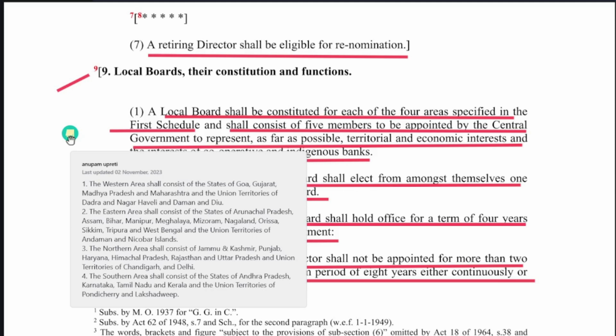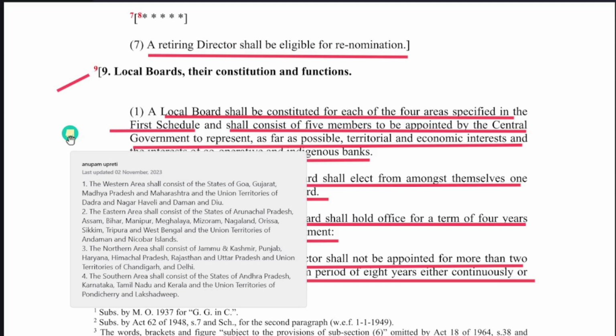The eastern area shall consist of the states of Arunachal Pradesh, Assam, Bihar, Manipur, Meghalaya, Mizoram, Nagaland, Orissa, Sikkim, Tripura, and West Bengal, and the Union territory of Andaman and Nicobar Islands. Likewise, the northern area shall consist of J&K, Punjab, Haryana, Himachal Pradesh, Rajasthan, and Uttar Pradesh, and the Union territories of Chandigarh and Delhi.